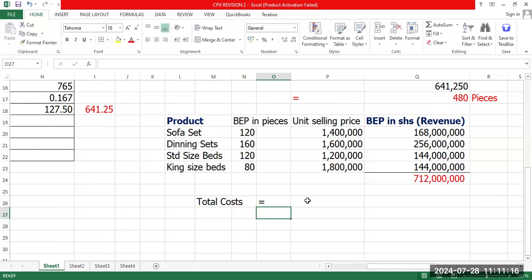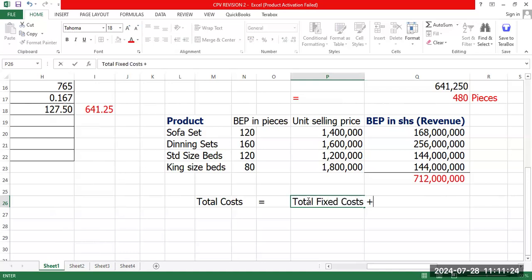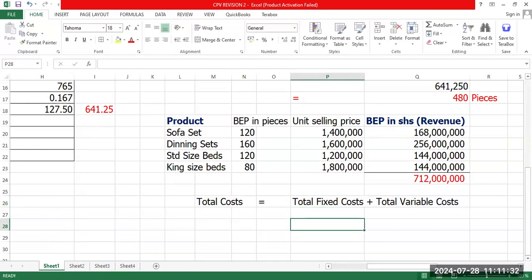We said you get total fixed costs, then you add total variable costs. You have total fixed costs, but you don't have total variable costs. How do you get total variable costs?